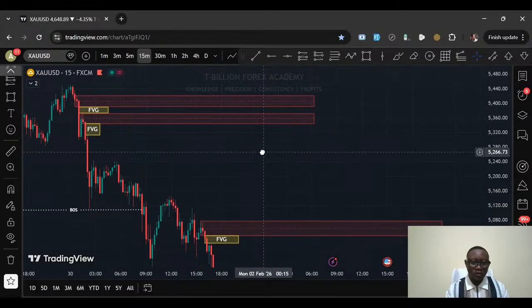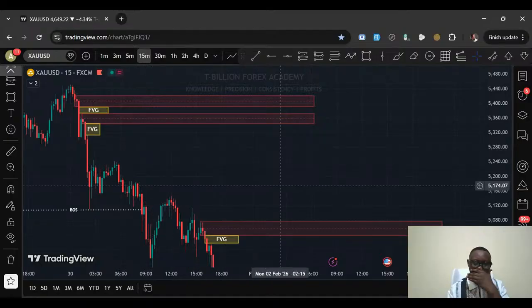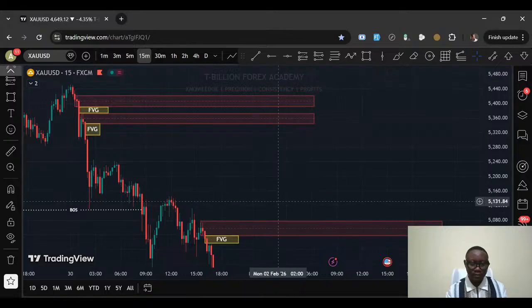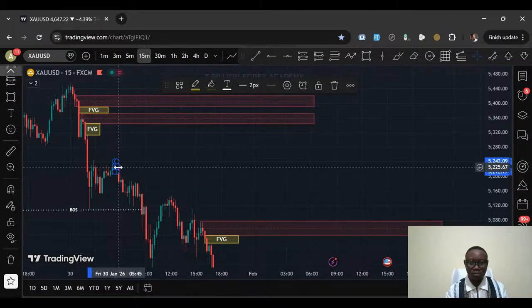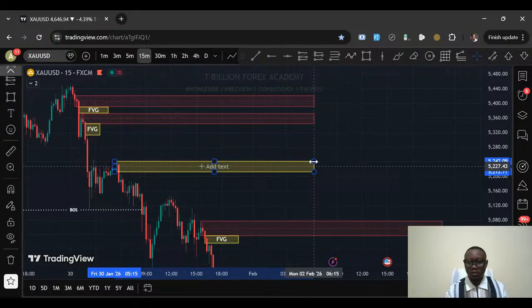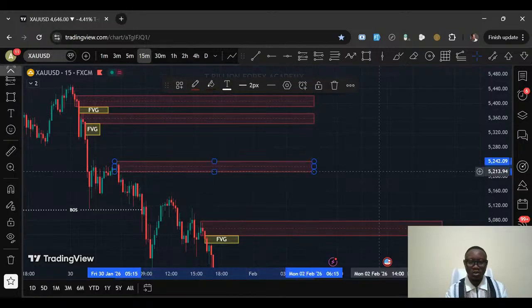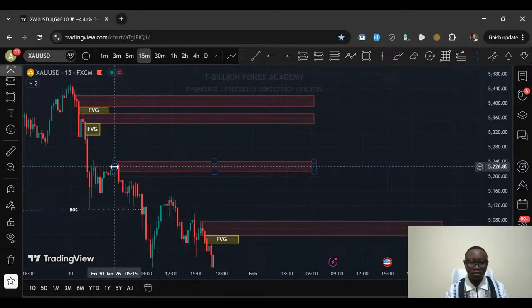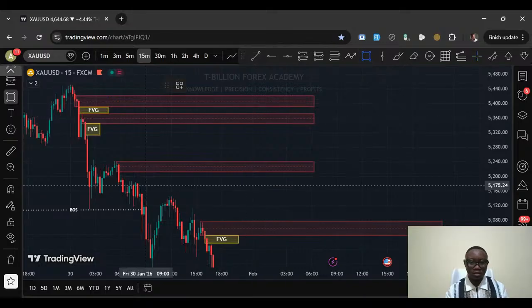So we also have a zone here. But don't forget, at the end of the day, we are only interested in the most recent zone. We have a zone here, and our FVG is very little. It's right there.